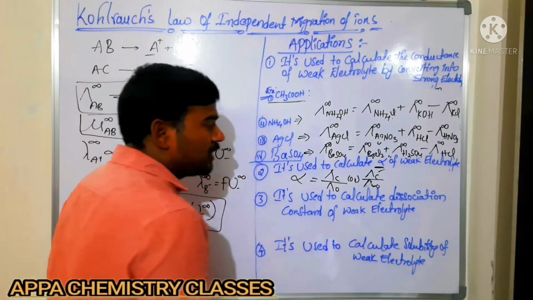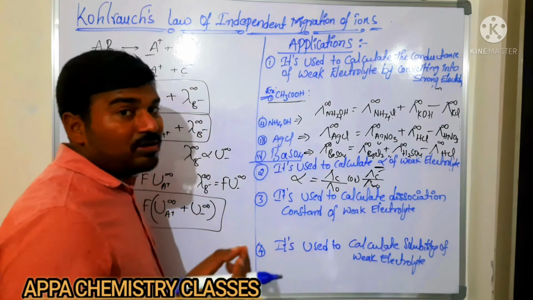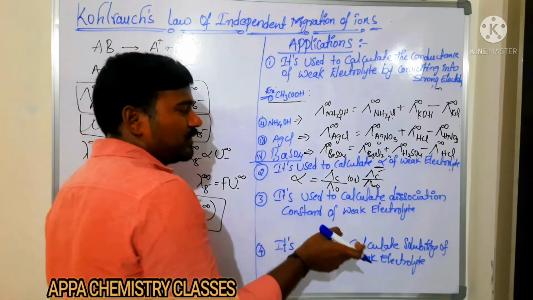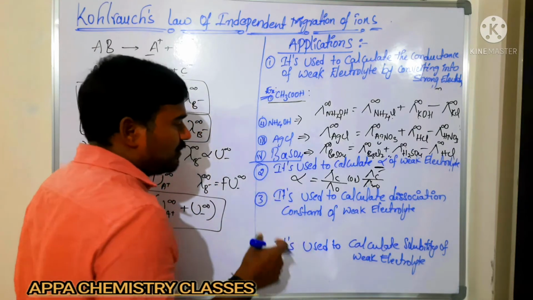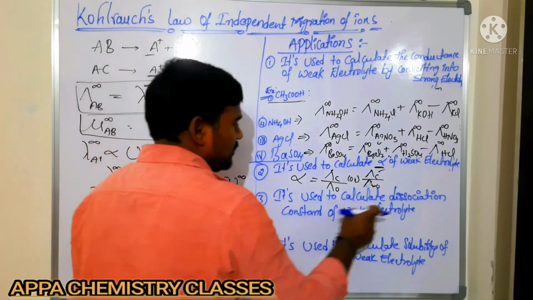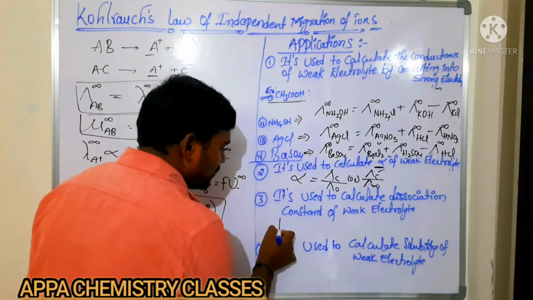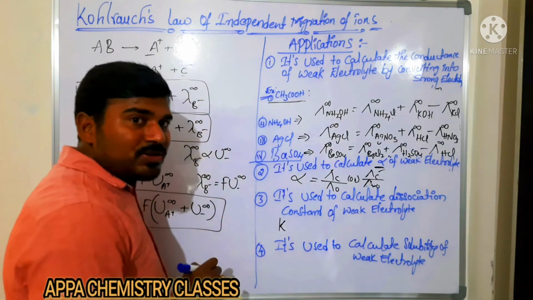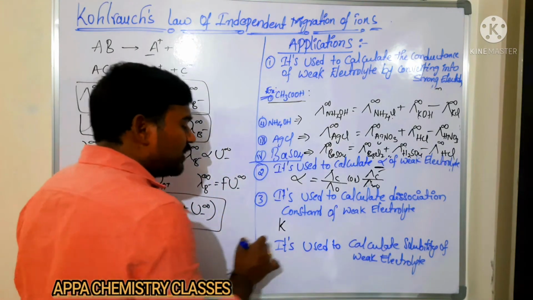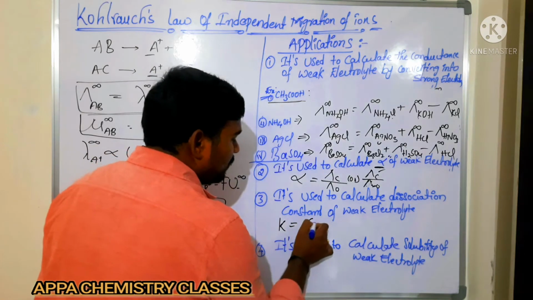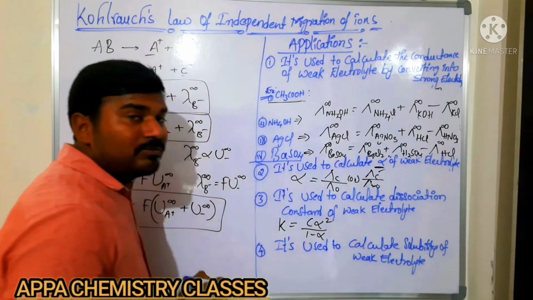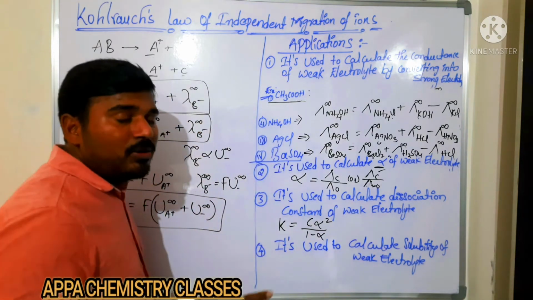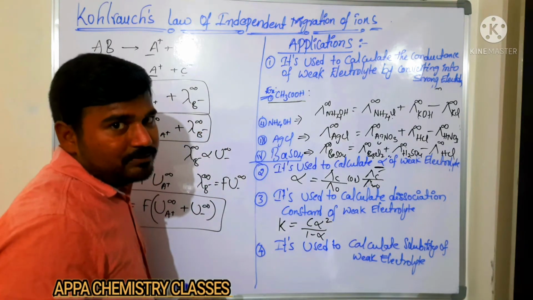Now it is used to calculate the dissociation constant of a weak electrolyte, which is very, very important. The dissociation constant of a weak electrolyte is what? K is equal to C alpha square by 1 minus alpha. Now this formula we got from chemical equilibrium. Okay?